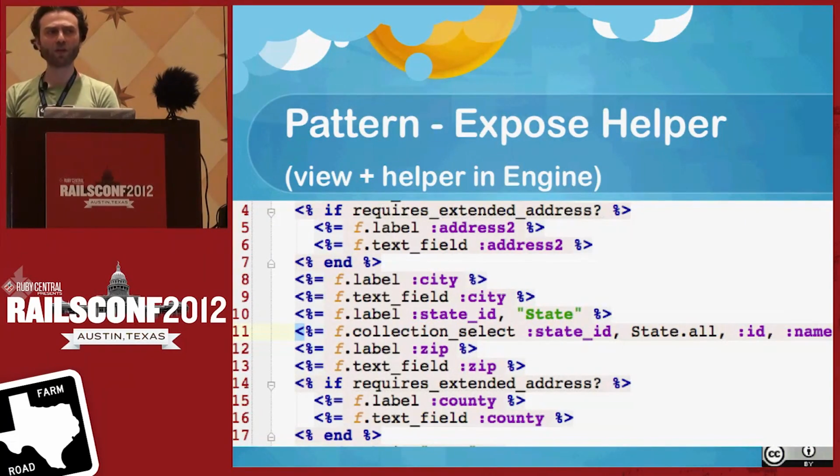Then you end up with something more like this, which is, if requires_extended_address, do that. Only in the engine, the app will not need to have any of that, and will not need to override the view anymore. The app will only override the helper at that point. So then you don't have much duplication anymore. You only add the logic in the app that will customize the behavior. Is that clear?